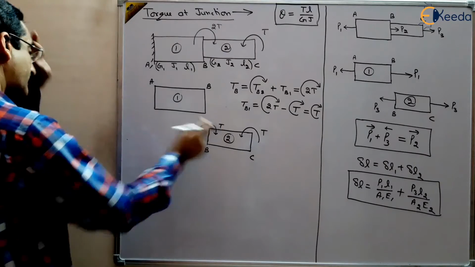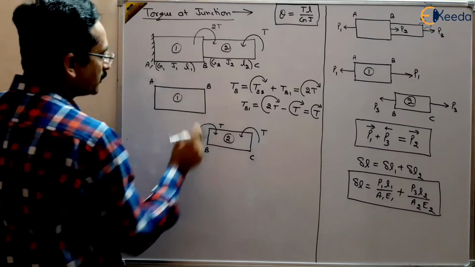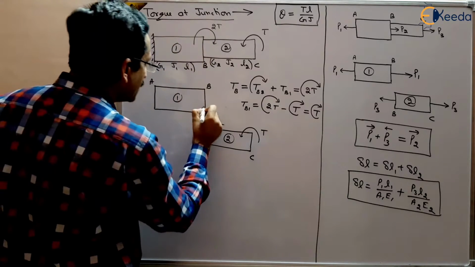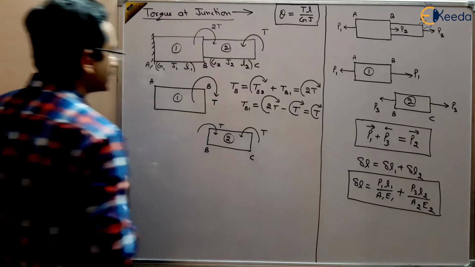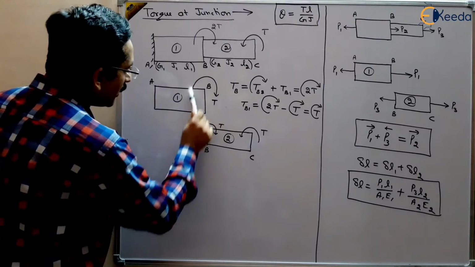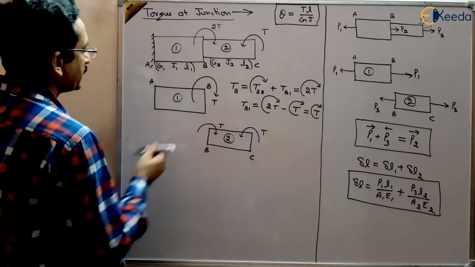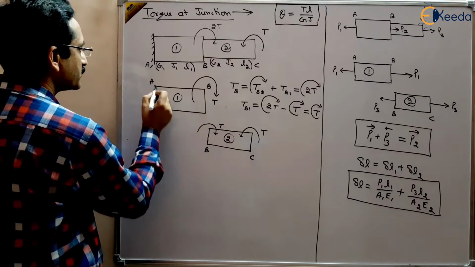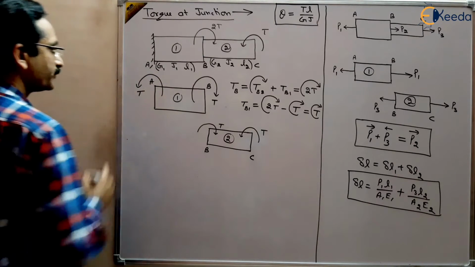There should be a T clockwise torque at B so that the total torque is 2T. So we can apply here a T torque clockwise. So here the torque is clockwise and this body is in static equilibrium. It means there must be an anti-clockwise torque so that the body may remain in static equilibrium, right?